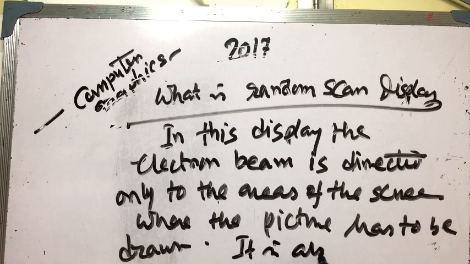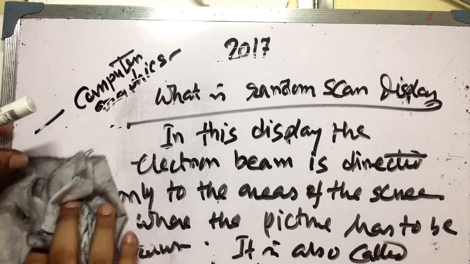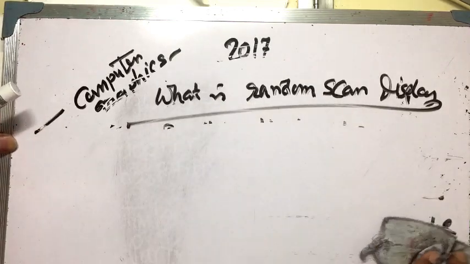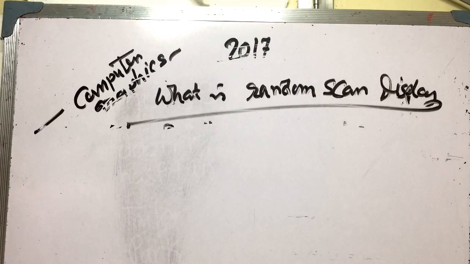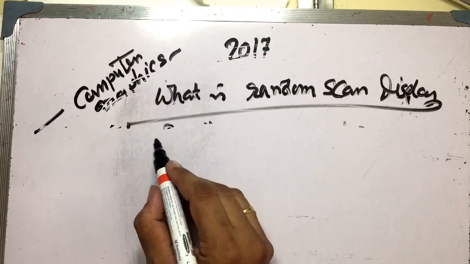So this is random scan display. Random means directly draw the pictures. Raster means there is a scan conversion technique, and it draws by moving from top to bottom and then bottom to top again.